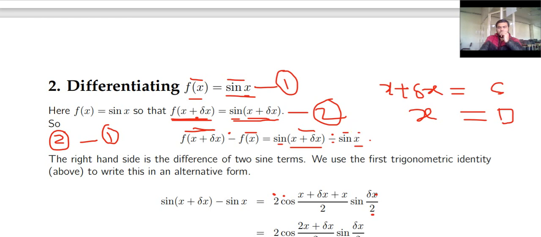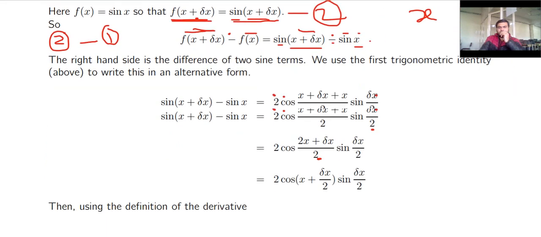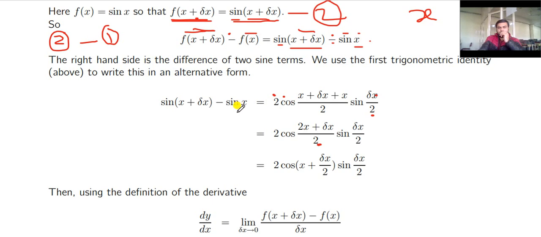The formula of sin c minus sin d is 2 cos((c plus d) by 2) into sin((c minus d) by 2).